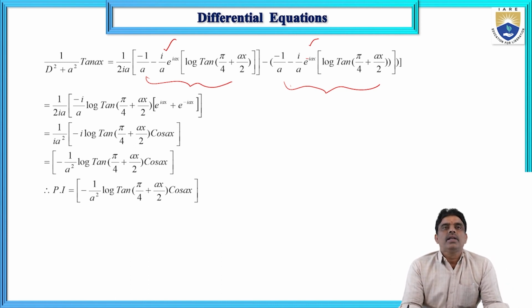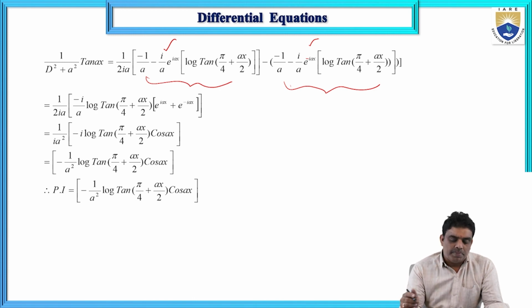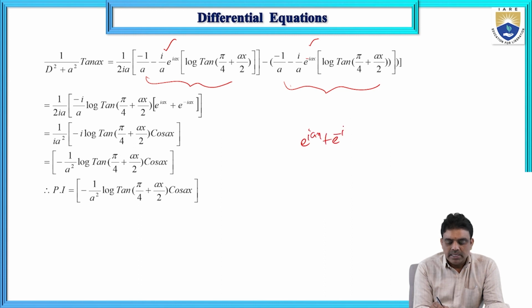Or 1 by a into a is there, so writing outside 1 by a square, i is there. Inside minus i log tan(pi by 4 plus ax by 2) and (e power iax plus e power minus iax) by 2. So e power iax is cos ax plus i sin ax.